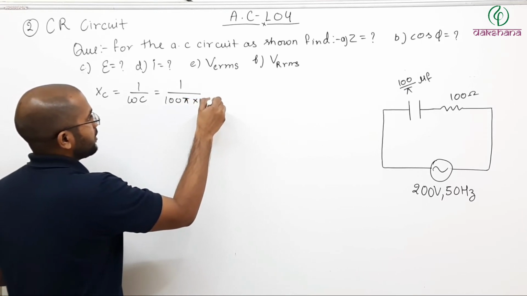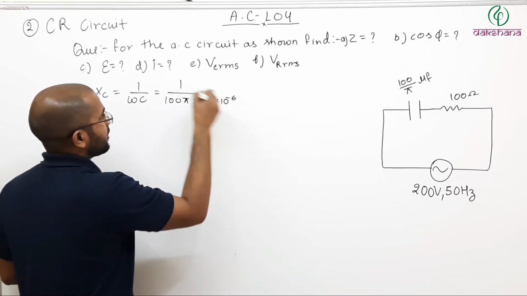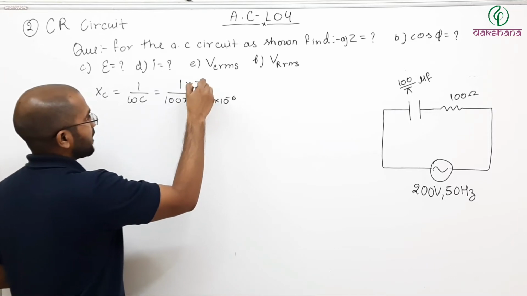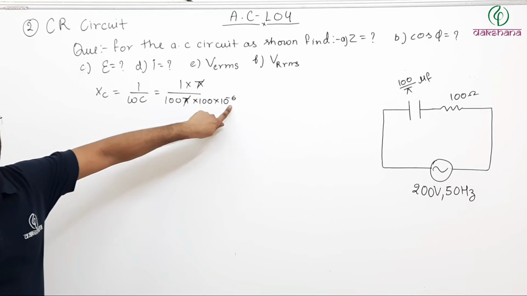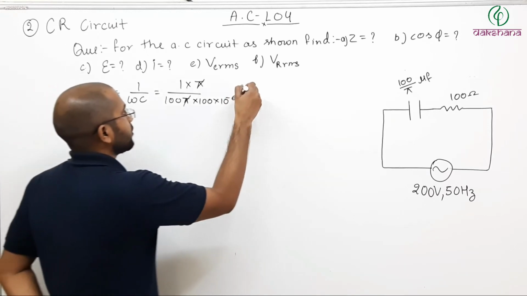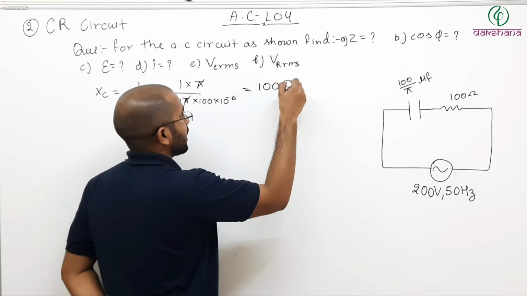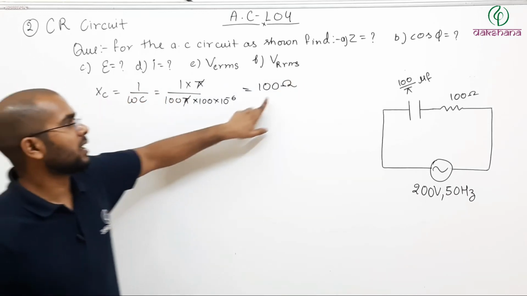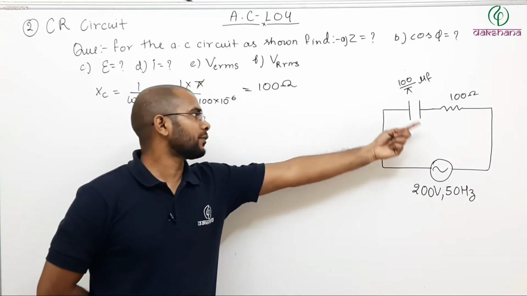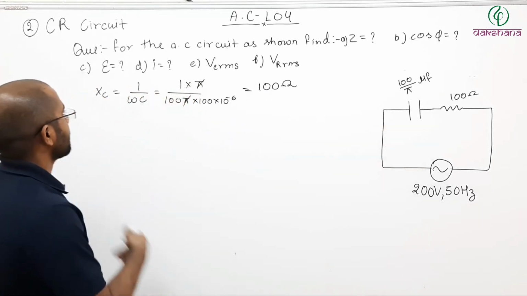So 100 into 10 to the power minus 6, multiplied by pi upside. Pi cancels. This is 10 to the power 4 times 10 to the power minus 6, so 10 to the power minus 2 is left, which equals 100 ohm. So your XC is 100 ohm. That is the reactance of your capacitor.